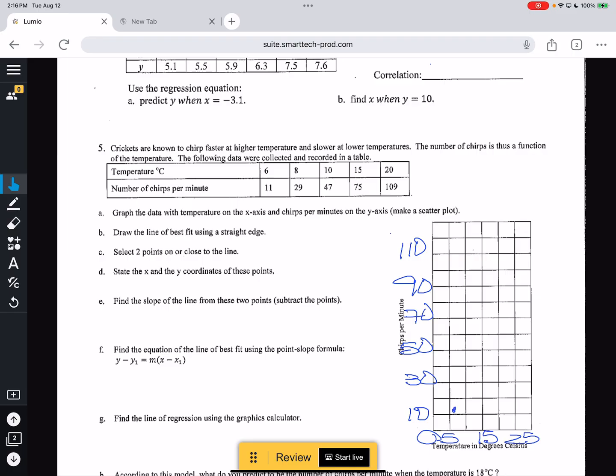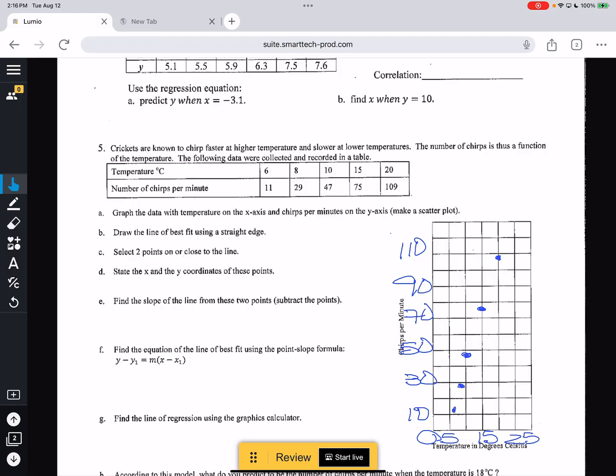On the bottom, I did by 5s. And then 8, 29. 10, 47. 15, 75. We can't even plot the 75, it's kind of right there. 20, 109.